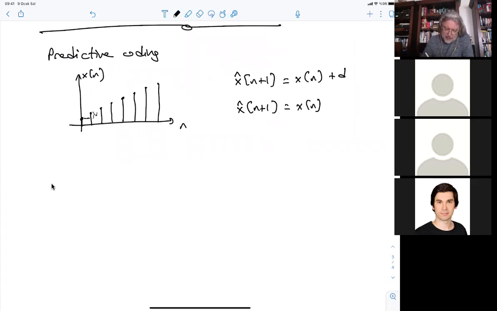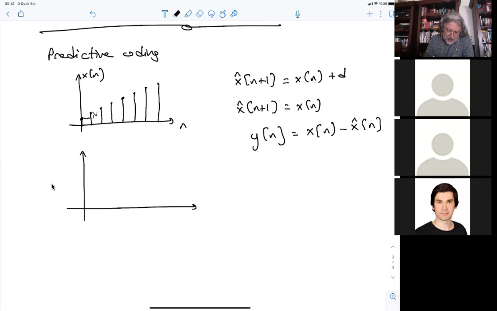Then every time we make a representation, we have a new sequence of y of n, which is the real value of x of n minus its prediction. Okay, this is our new sequence. So y of n, if we just convert x of n into y of n, it's going to look like this.